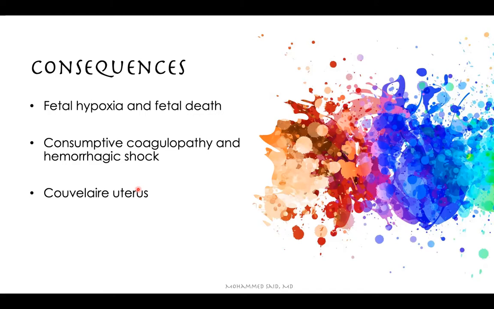So Couvelaire is named after the French physician Alexandre Couvelaire. He first described it in 1912, if I remember correctly, and it's just named after him. It's basically blood escaping into the myometrium.